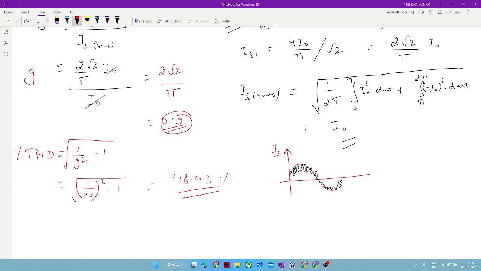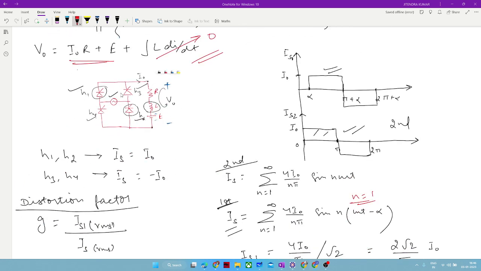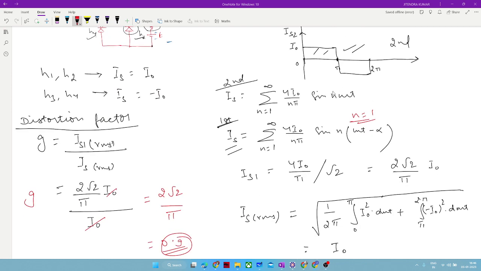For discontinuous current mode, what is the peak value of instantaneous current? Interesting question. See, source current depends on your load current, right?